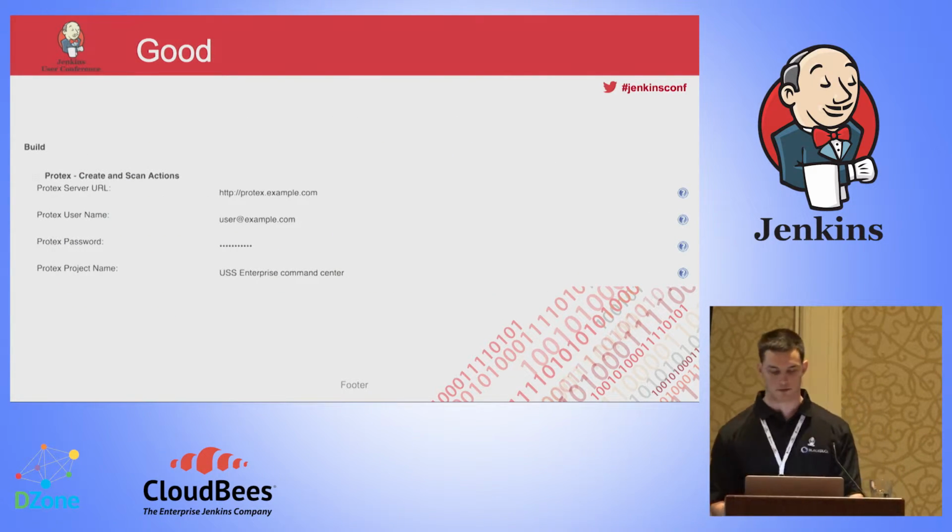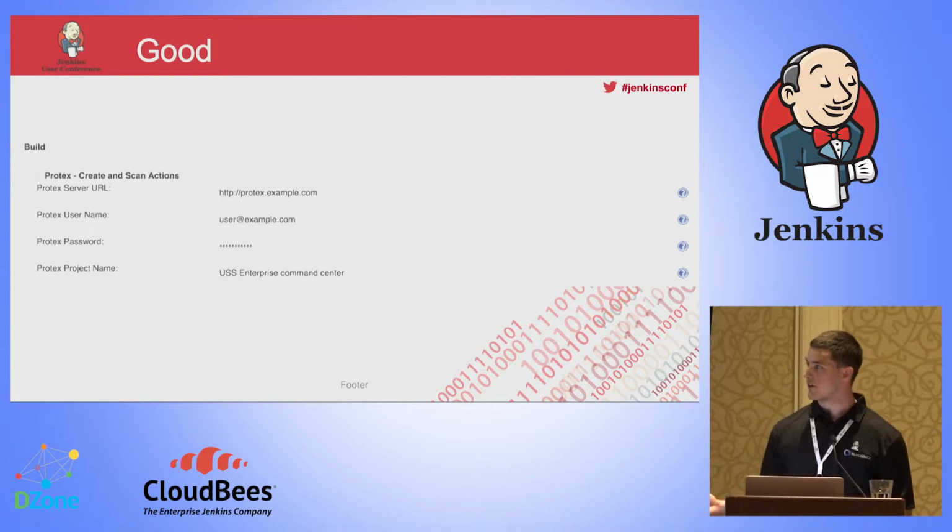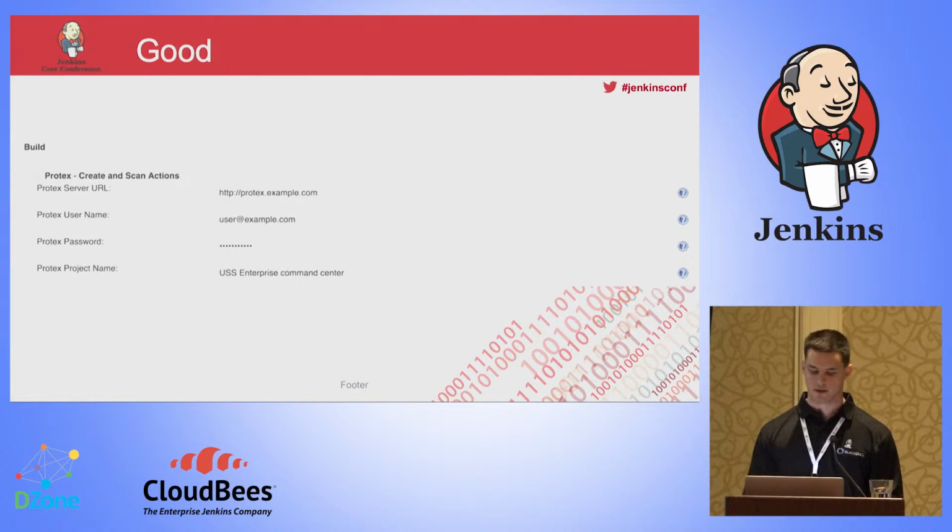So talking about that Protex plugin before, how we had to migrate, this was our original configuration. You can see we had to define a server URL, username, and password, and we had to do this for every job. And this was kind of a pain for customers because if it's the same username and password and the same server URL for every job, they have to re-enter this every single time.